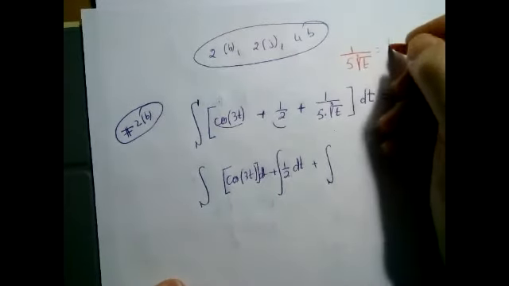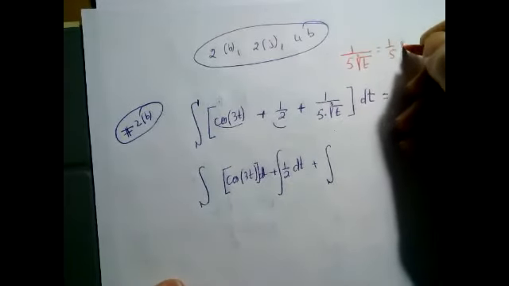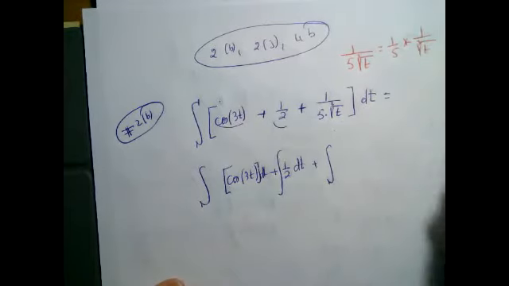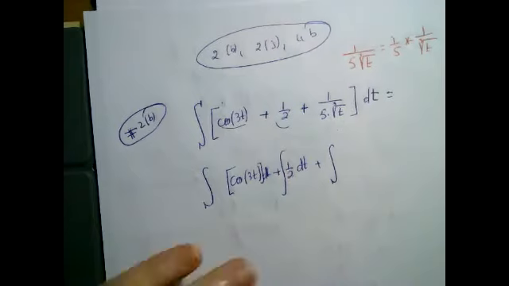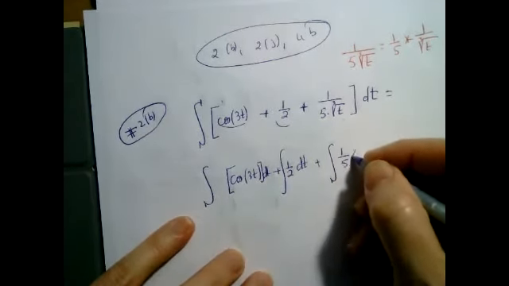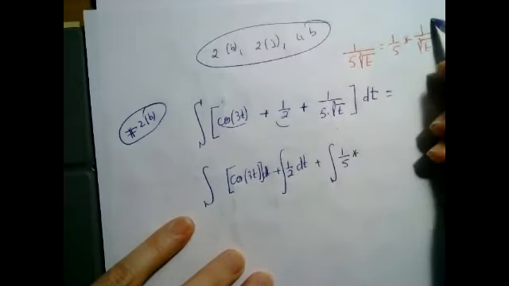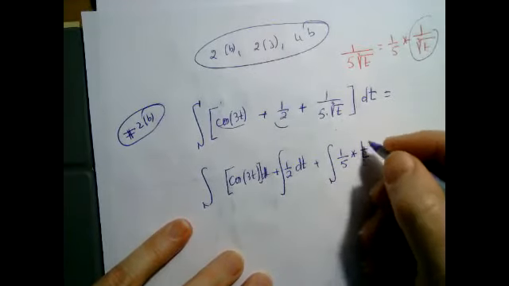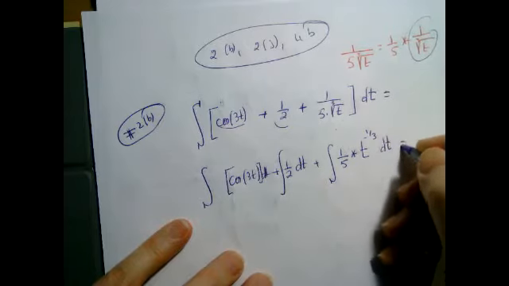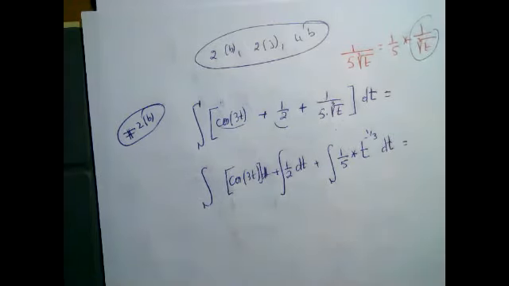So this is basically 1/5 times 1 over the cubic root of t. So this will become 1/5 times t to the power minus a third dt. Okay, so now we have to do it one by one to become very easy.